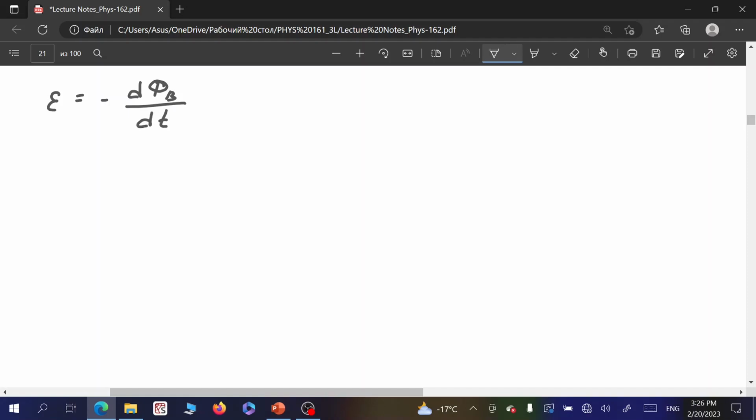This minus sign is Lenz's law, which tells us the polarity and direction of the induced electromotive force and induced current, which always opposes the reason that caused this current and electromotive force.